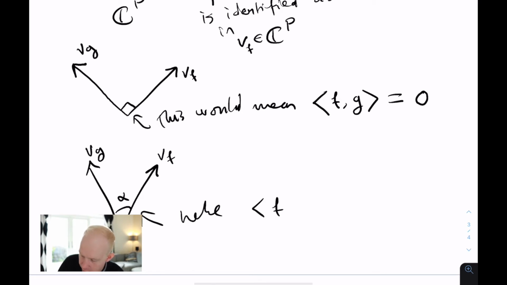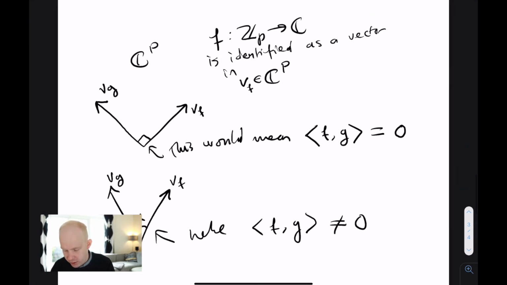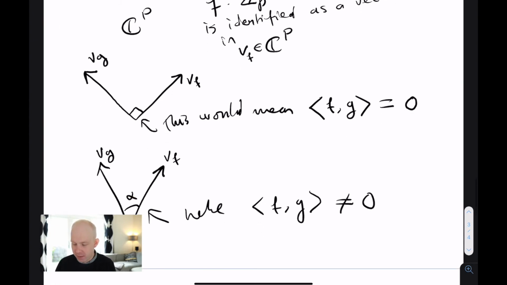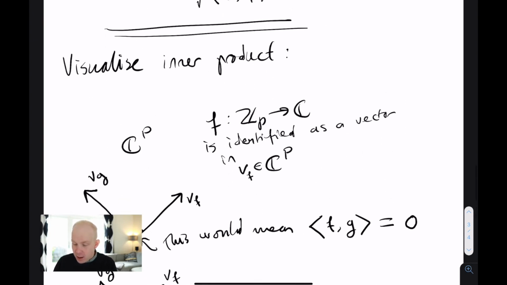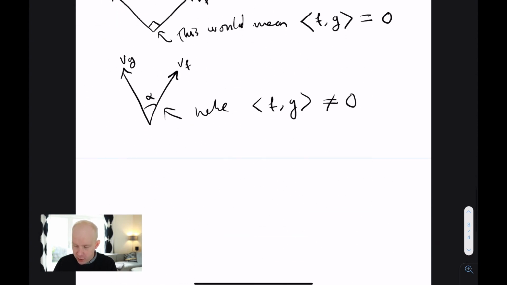You would have that this is some non-zero number. There is some kind of an angle. The main example could be that if f is equal to g, then they are parallel, because they correspond to the same vector. Okay, so this is the basic thing about inner products.